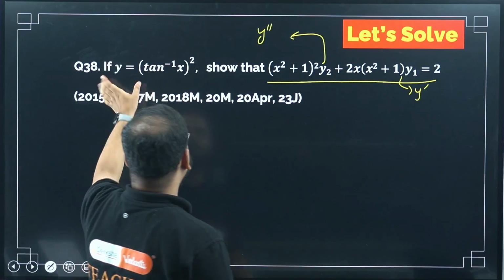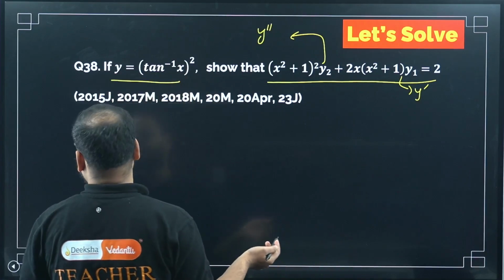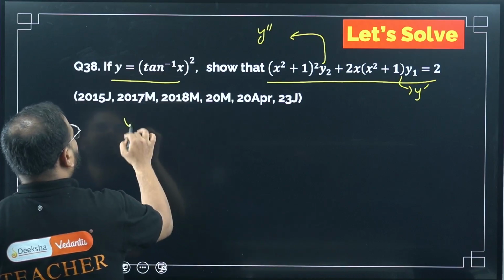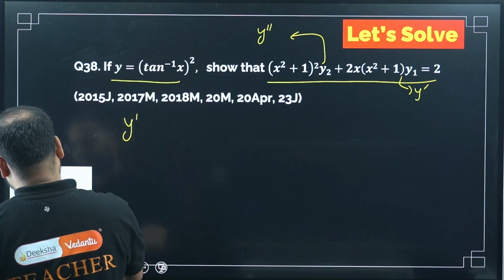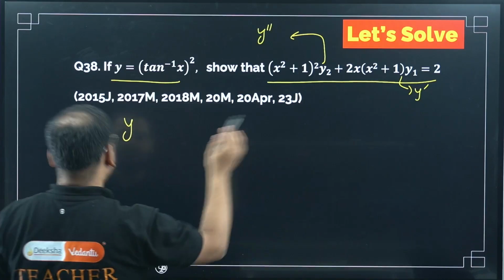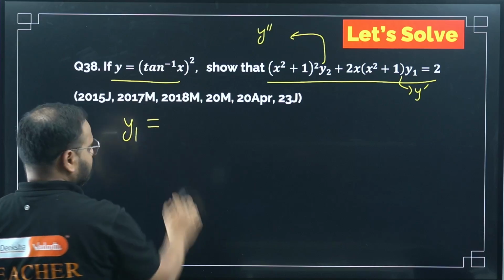We'll take the first derivative first. Let me write it as y1, because they are asking in the equation. We have to prove this equation. What is my y1?